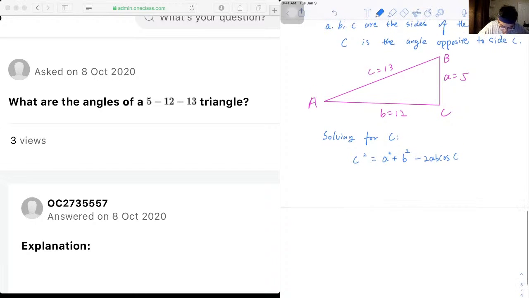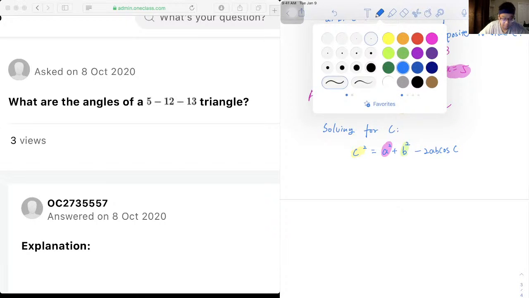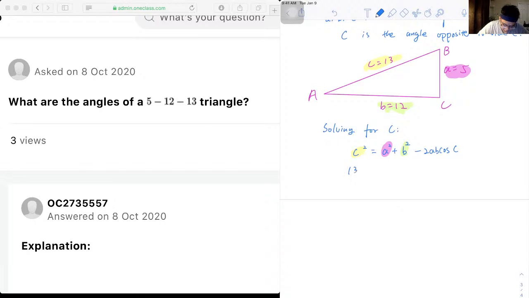So we know c is equal to 13, b is equal to 12, and a is equal to 5, right? So let's substitute those numbers in. We got 13 squared is equal to 5 squared plus 12 squared minus 2 times 5 times 12 times cosine C.